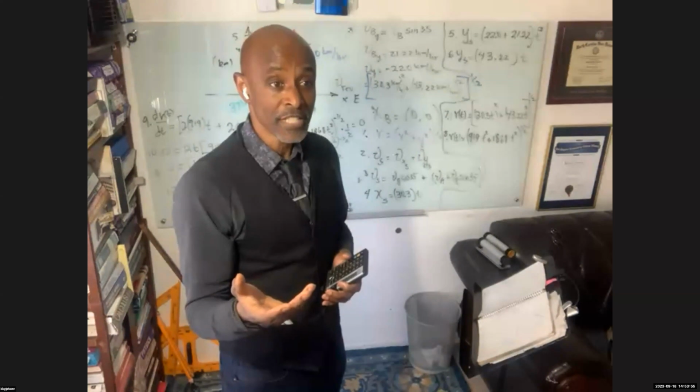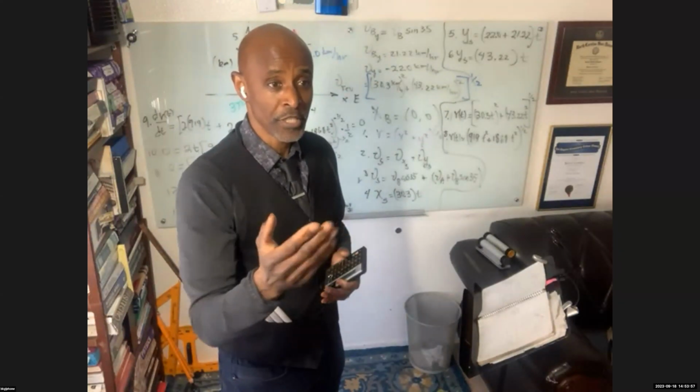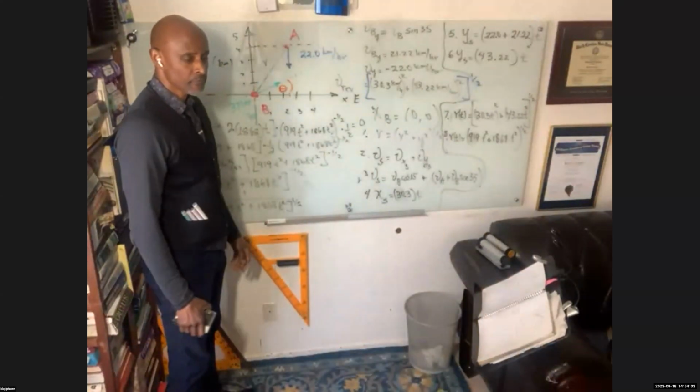X and Y components of the velocity of A relative to B. Yes, that's velocity. Raheem, what you were just talking about is distance. Those are two different things. So you're right. So it would just be the 30.3 i minus the 43.22 j, and that should be okay.